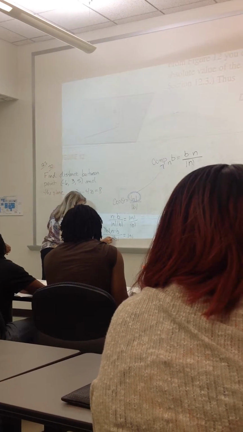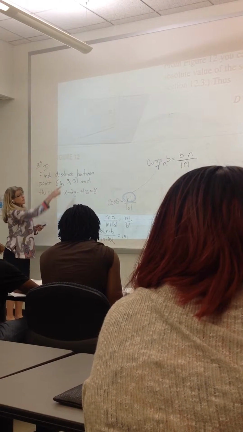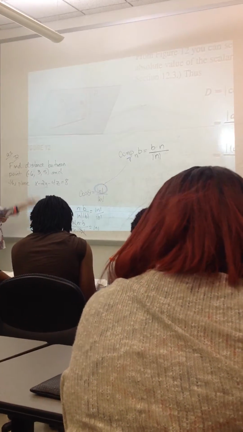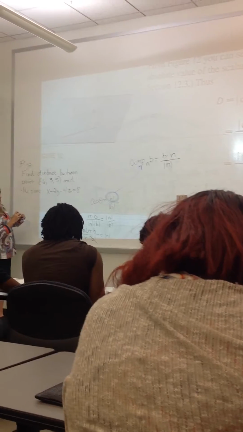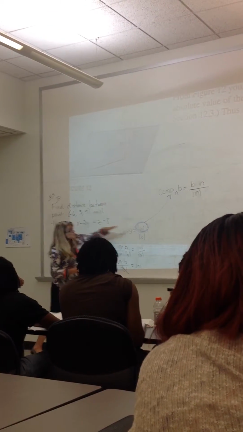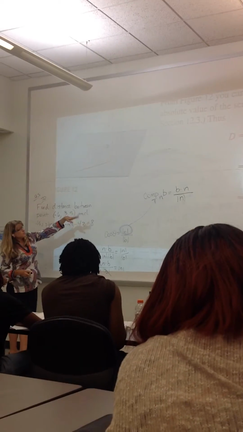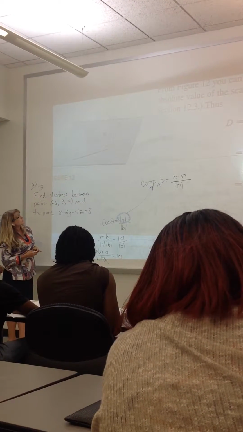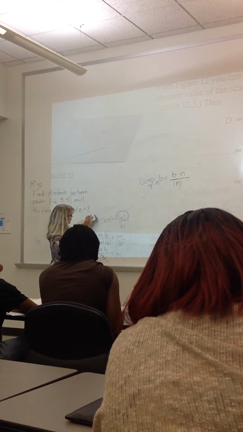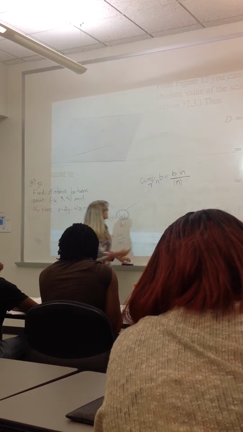Then this cancels out with that. So that's where the formula that I wrote up there comes from. It comes from just using cosine and right triangle trig. So we're going to follow that formula.